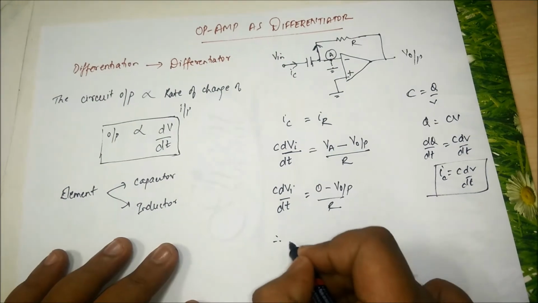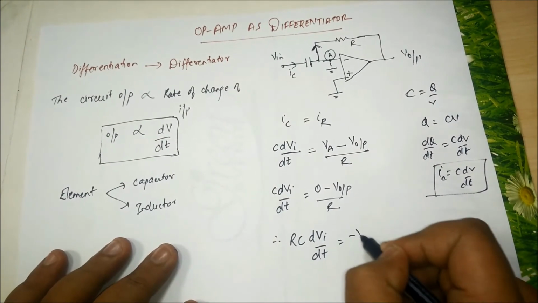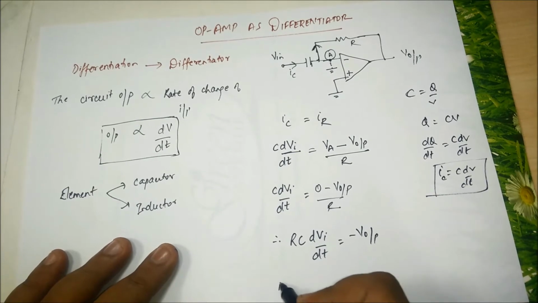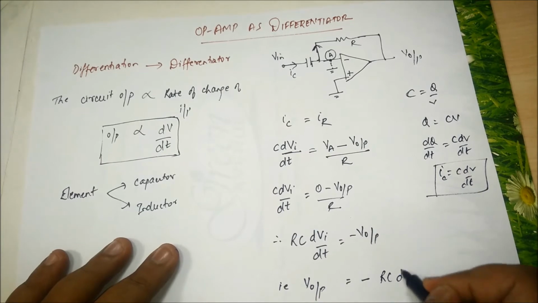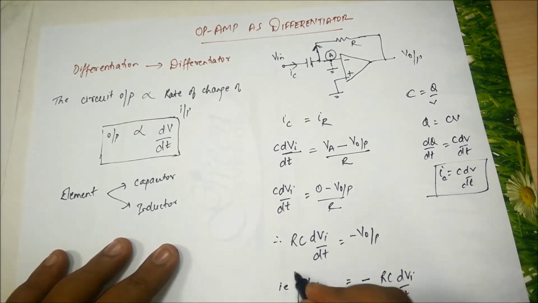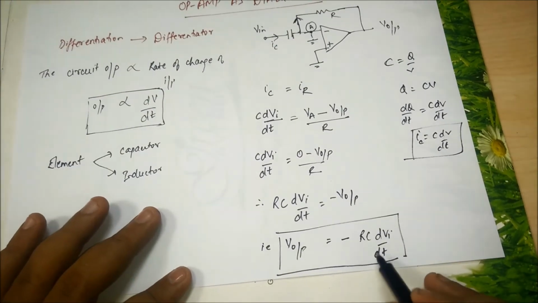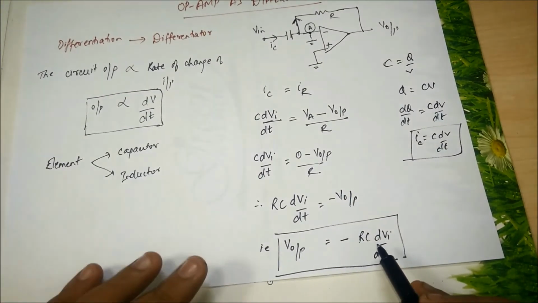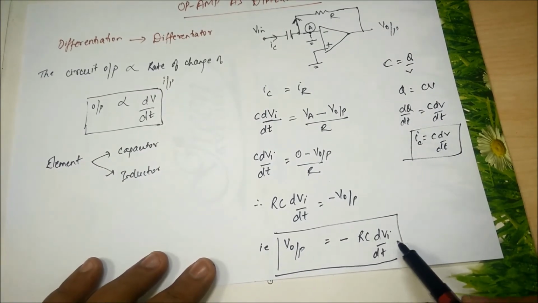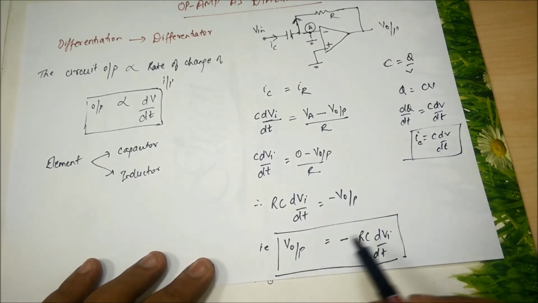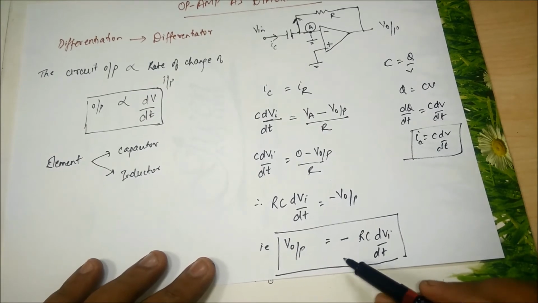Therefore, RC into dVi by dt is equal to minus V output. That is what I wanted, right? V output is equal to minus RC dVi by dt. So my output is proportional to the rate of change of input. If my input changes very fast, my output will be more. If my input changes slowly, my output will be less. And if the input does not change, my output will be 0. There will be no change.